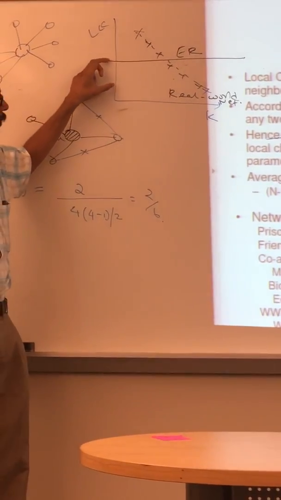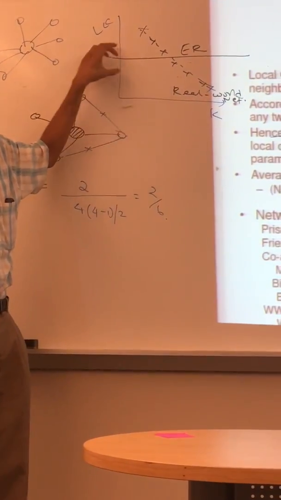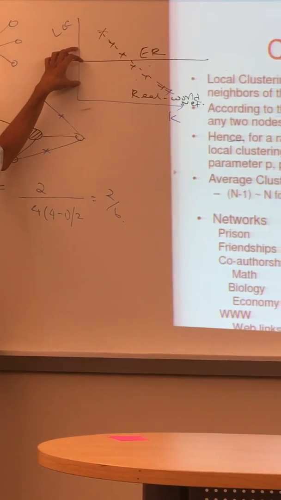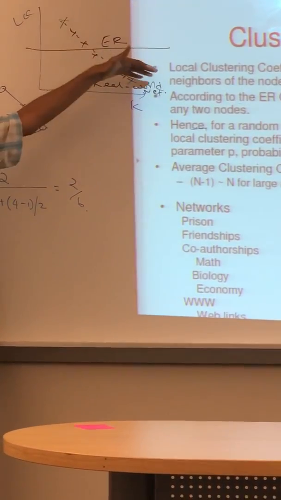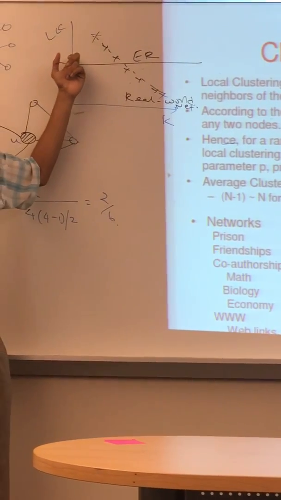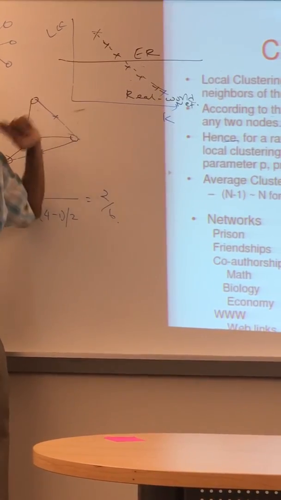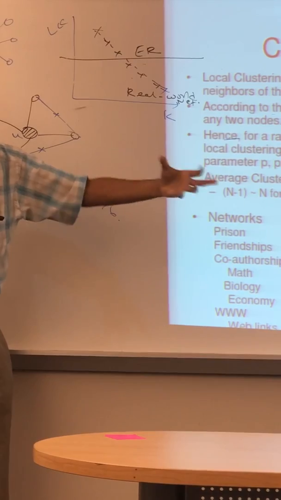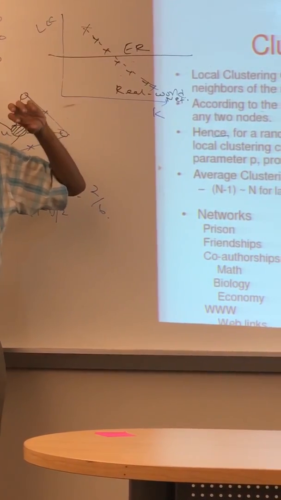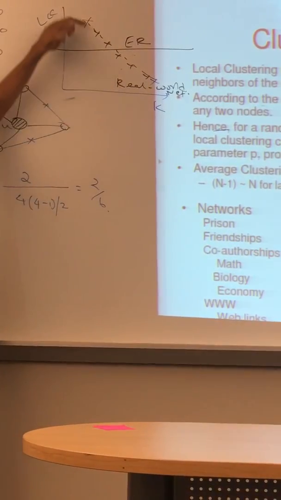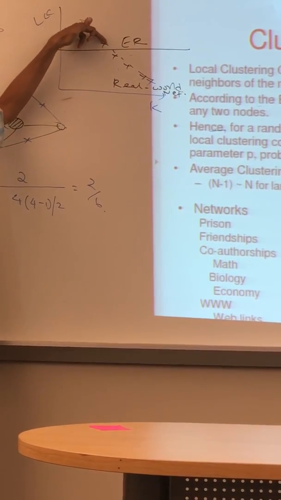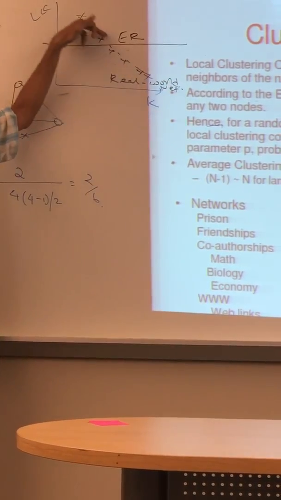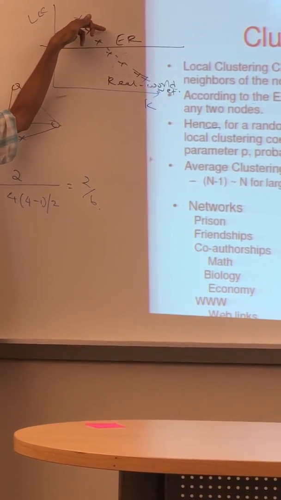If the distribution of k versus local clustering coefficient is more or less a straight, flat line, it means the local clustering coefficient does not change with degree, then it's more like a random network. It's not like a non-random network, where you expect something like this. If the local clustering coefficient decreases with degree like this, then the network is not random in nature.